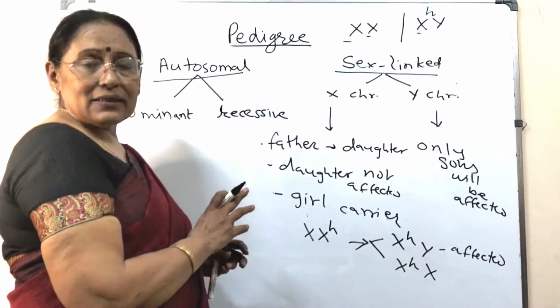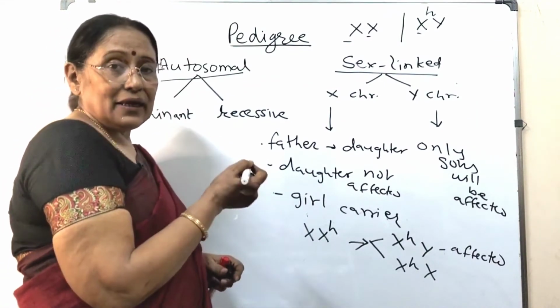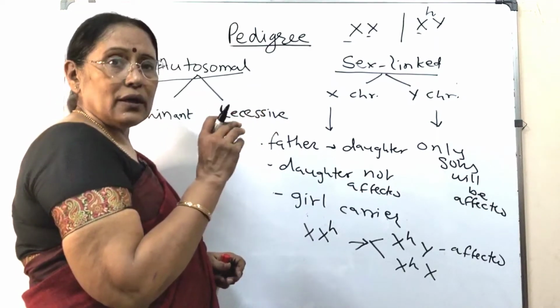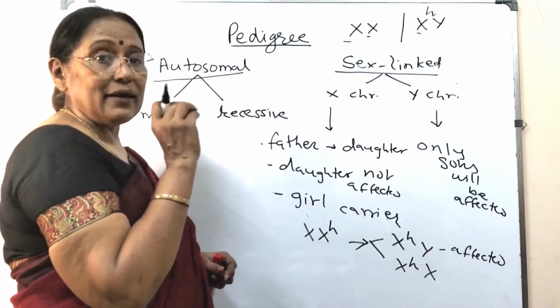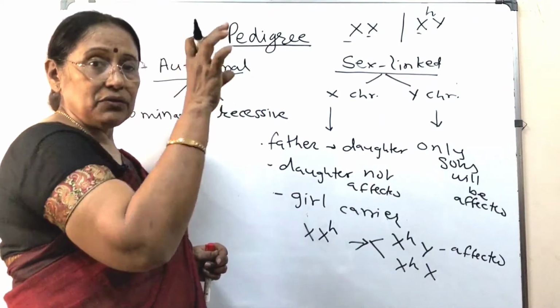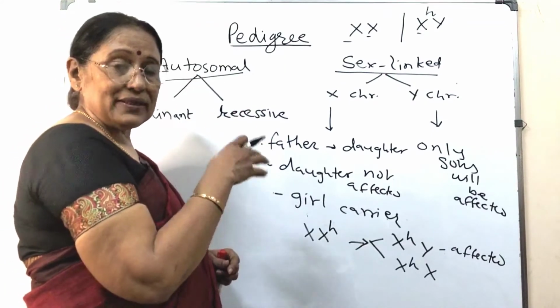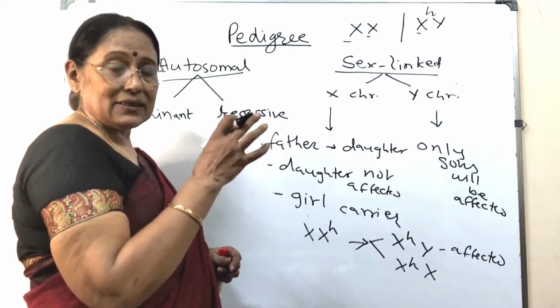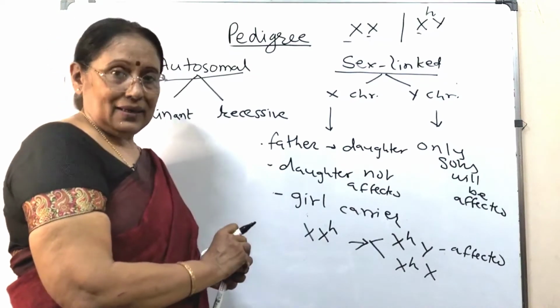Now let us draw some pedigree chart and let us see how to find out the genotype of each and every individual. जितने individual को आपने draw किया है, whether it is homozygous, whether it is heterozygous, क्या genes है, ये कौन सी alleles है, ये show करना आपको आना चाहिए.